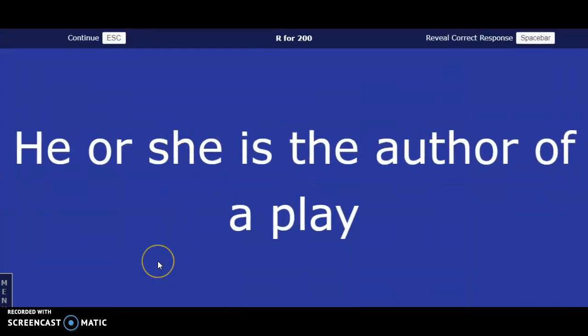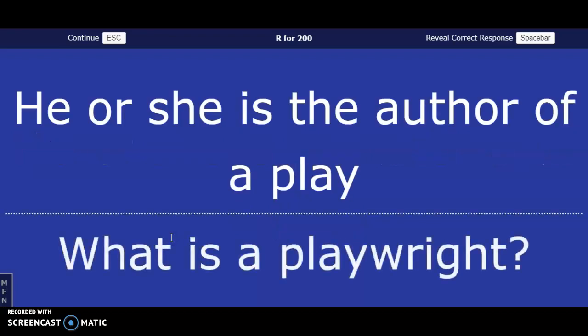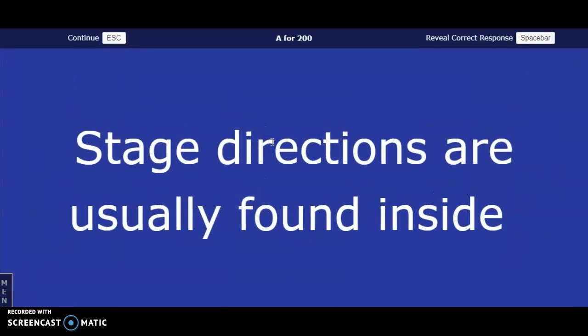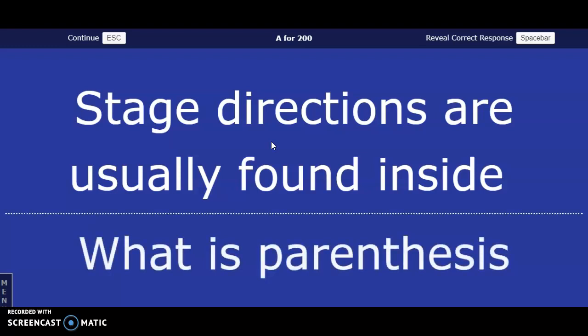He or she is the author of a play. 3, 2, 1. What is a playwright? A200. Stage directions are usually found inside. 3, 2, 1. What is parentheses?